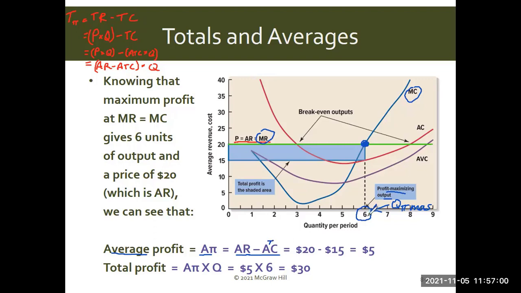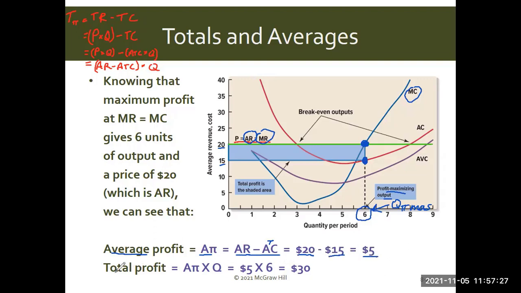So at this output of 6, my average revenue up here is 20. So I put in 20. All right, what's my average cost? A little bit trickier, but not so much. I just go up to my average cost line right there, and I come across, and my average cost is 15. So I've got 20 minus 15 is 5.